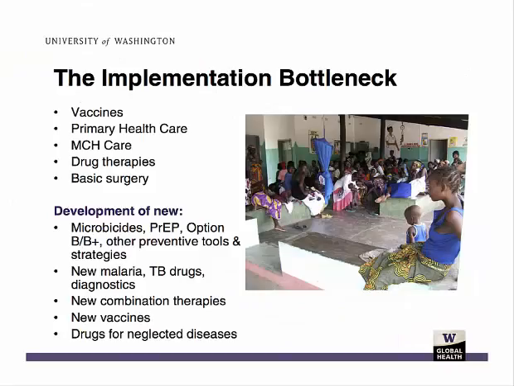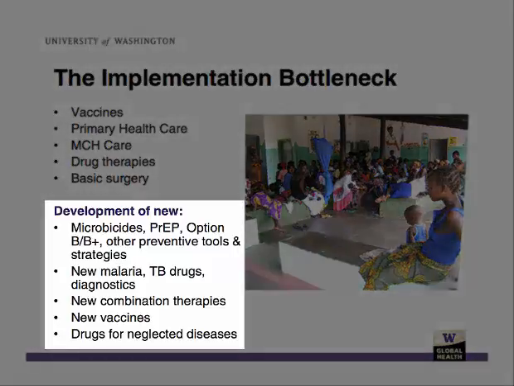And what this investment has given us is a great opportunity in terms of new tools to put into our toolkit to prevent and treat some of the major drivers of global morbidity and mortality. Things like microbicides for HIV prevention, pre-exposure prophylaxis, Option B+ for prevention of mother-to-child transmission, other HIV preventive tools and strategies, new malaria and tuberculosis drugs and diagnostics, new combination therapies, new vaccines, and drugs for neglected diseases.